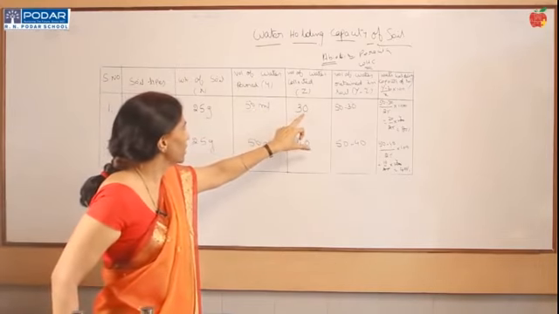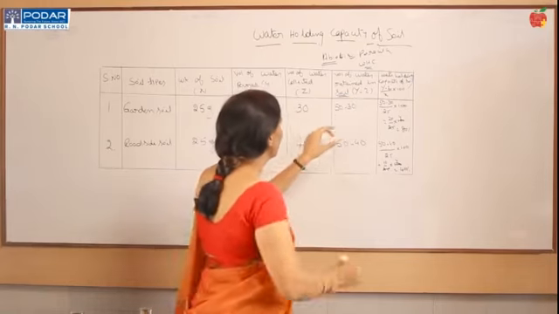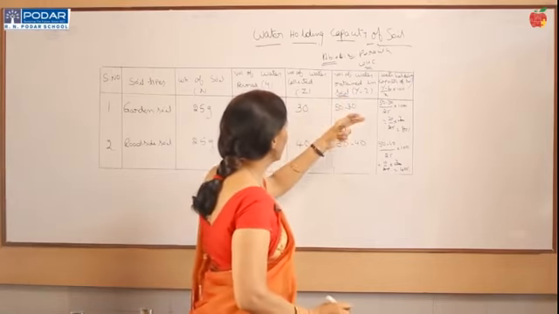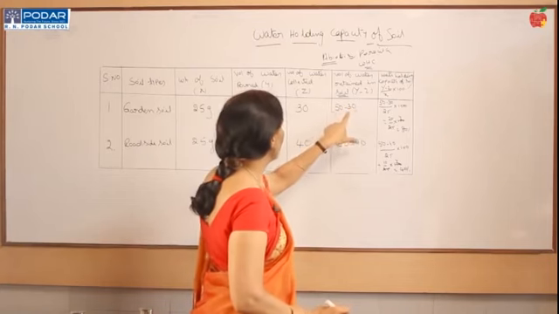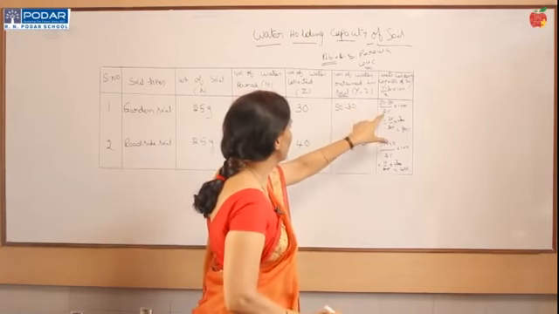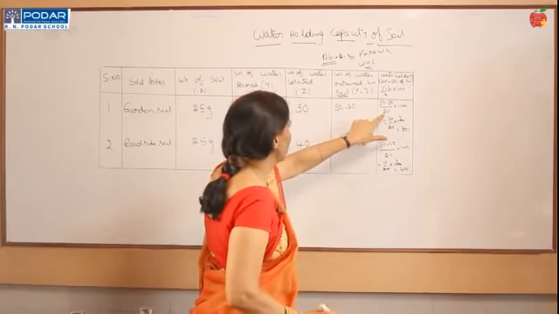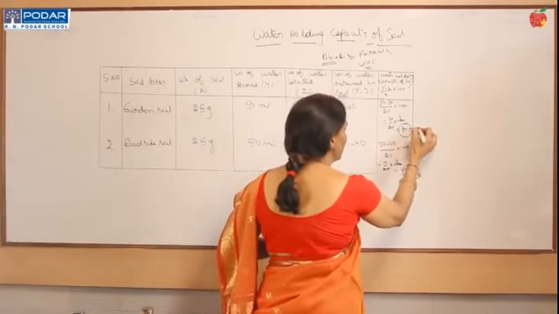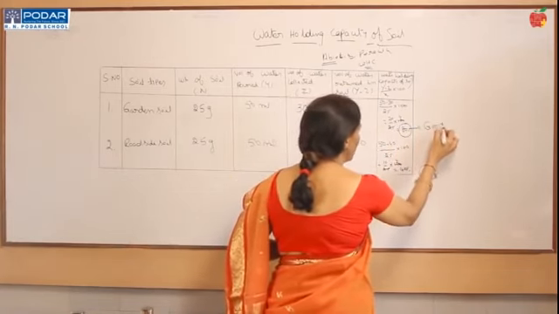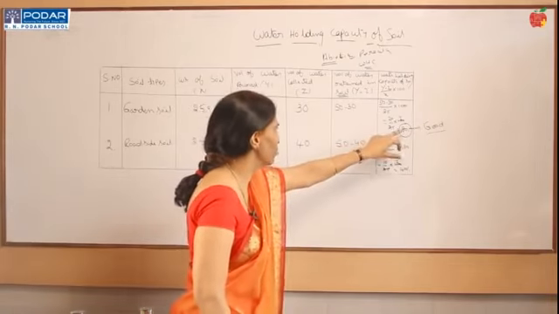Volume of water collected is 30 ml. The volume of water retained in the soil gives the water holding capacity: 50 minus 30, that is (y minus z) divided by x, where x is the initial weight of the soil. We get 80% water holding capacity for garden soil, which is a good one. So, this soil is best for plant growth because it holds more water.